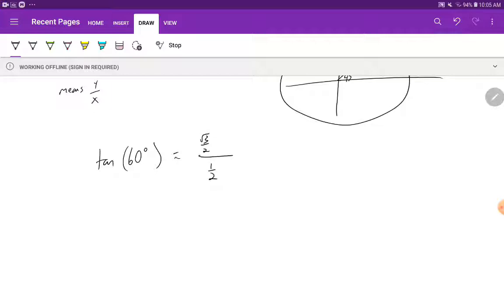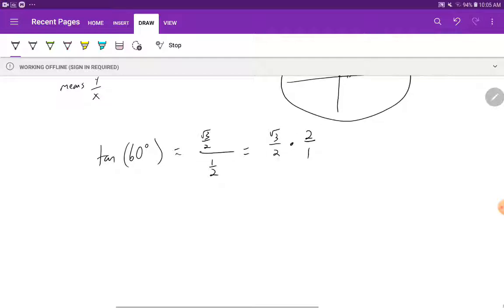If I wanted to simplify this, this is the same thing as root 3 over 2 times 2 over 1, like keep, change, flip when you divide fractions. The 2's are going to cancel out, and you're left with root 3.